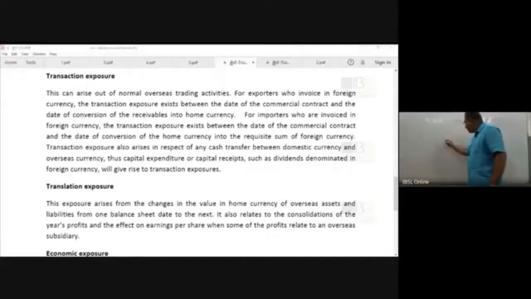According to my example, this is a 1 year forward, right? 1 year forward rate is spot into 1 plus interest on counter, divided by 1 plus interest on base.